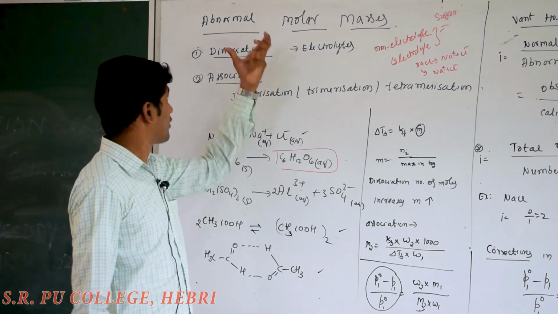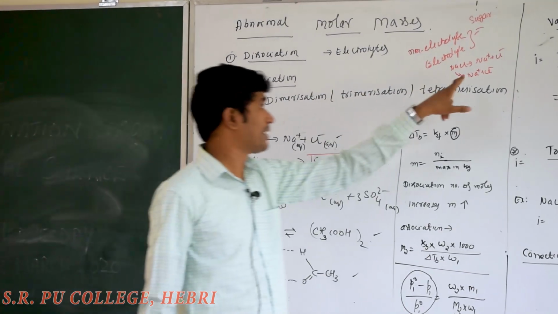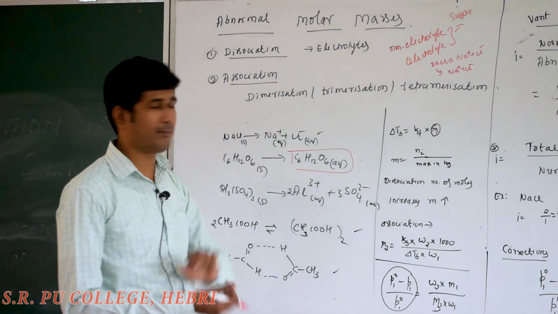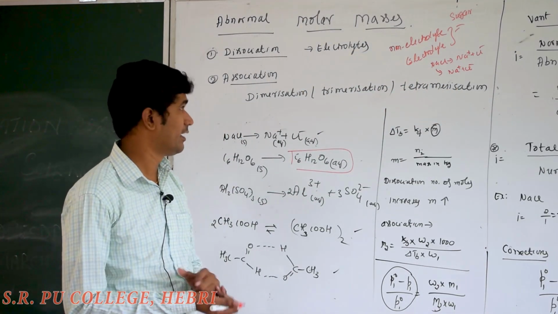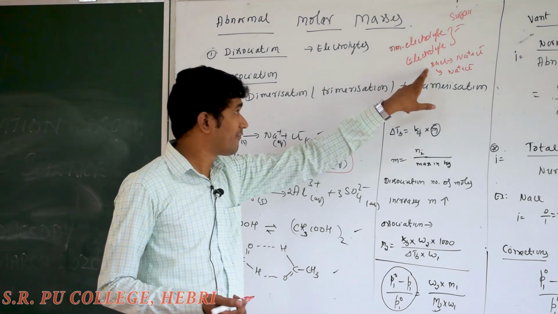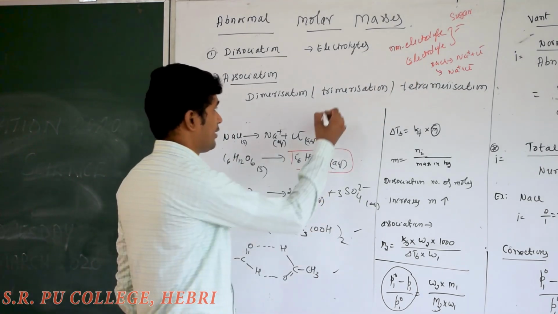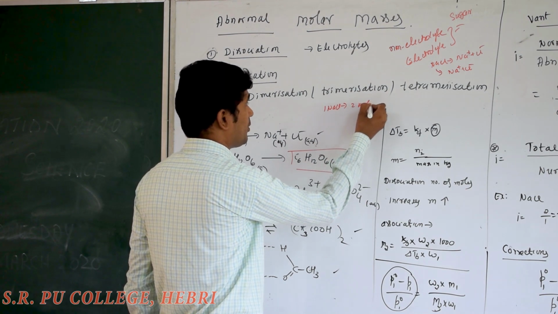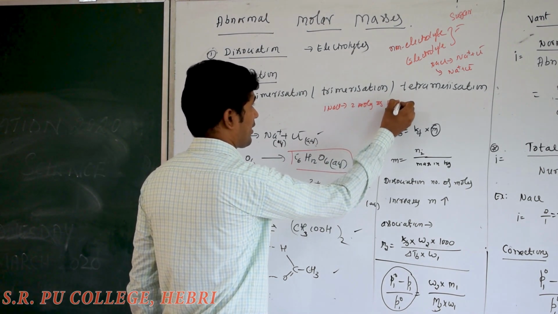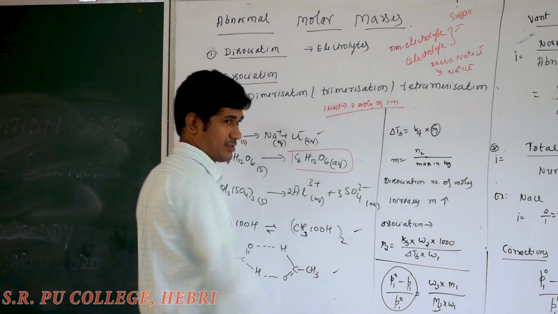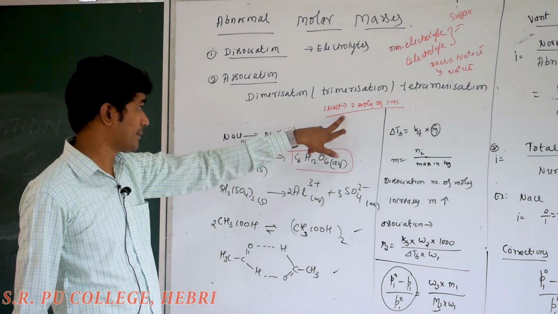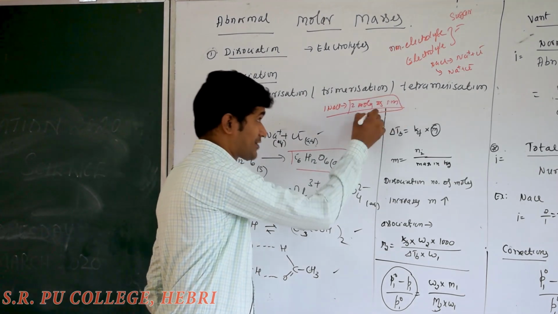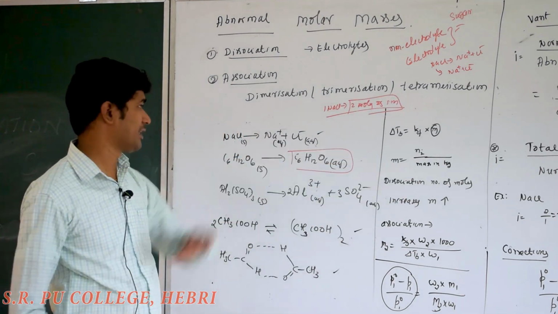Since colligative properties depend upon the quantity of solute present in the solution, we get abnormalities in the molar masses. If I take 1 mole of sodium chloride, after the dissolution it forms 2 moles of ions. Since colligative properties depend upon the quantity, the molarity as well as the molar mass changes.